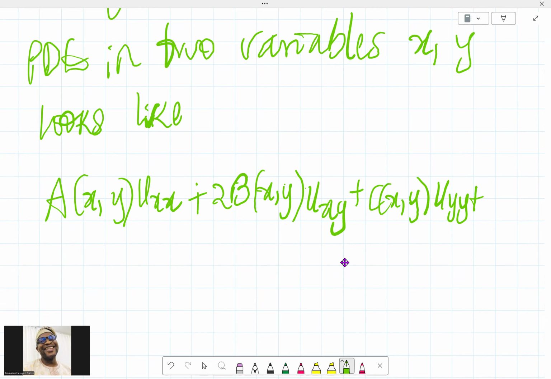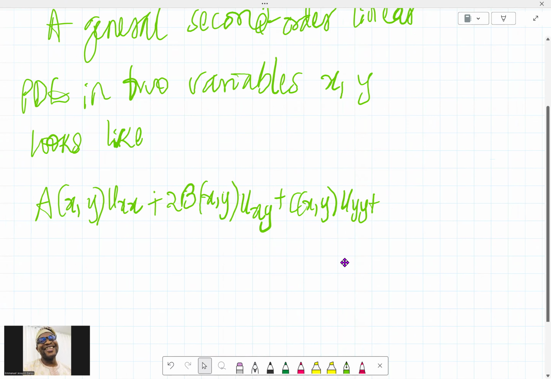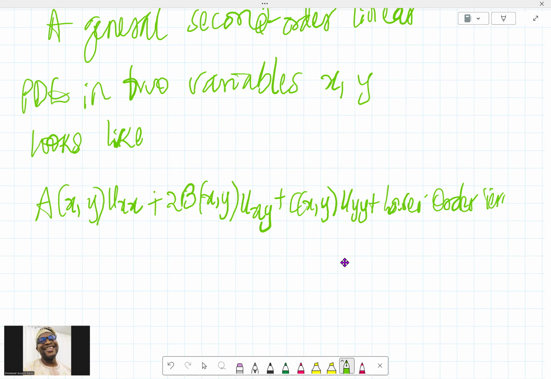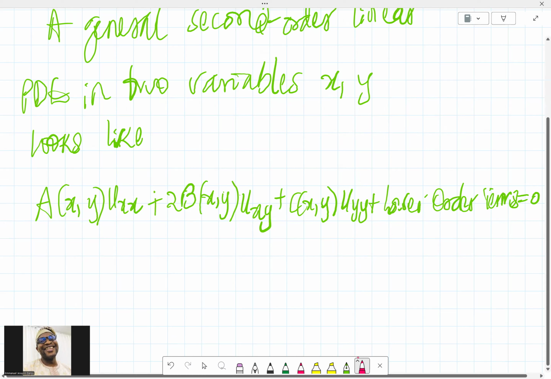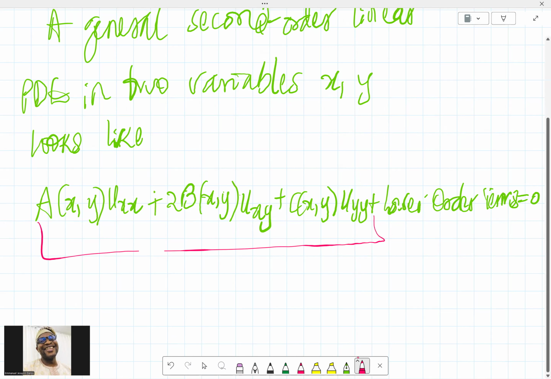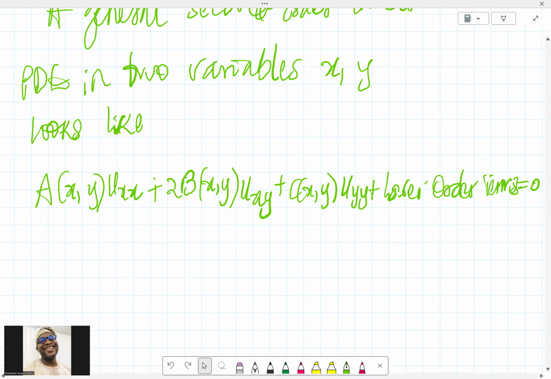And then we have that added to lower order terms. So basically, these indicated terms are what determine the classification of your equation. The lower order terms don't really matter as far as classification is concerned, but they will definitely affect results.